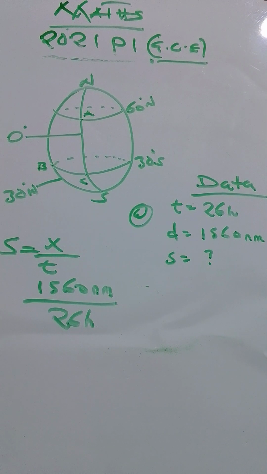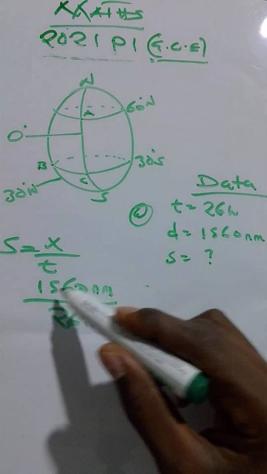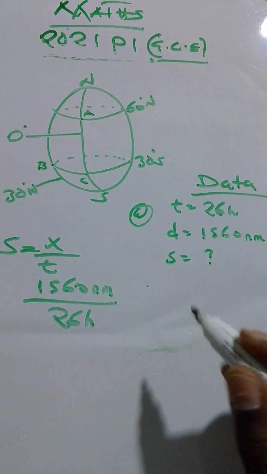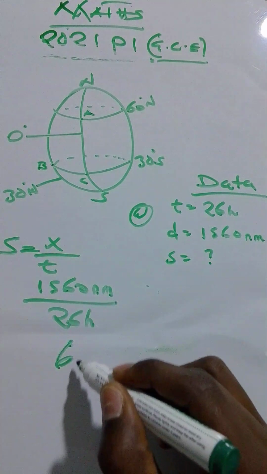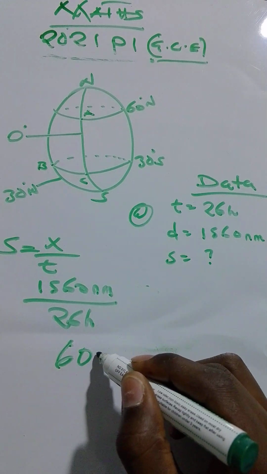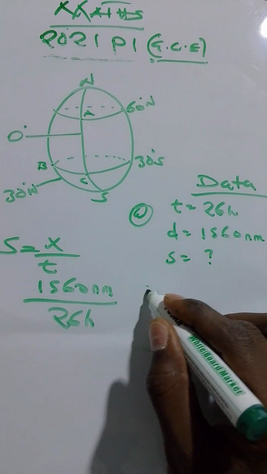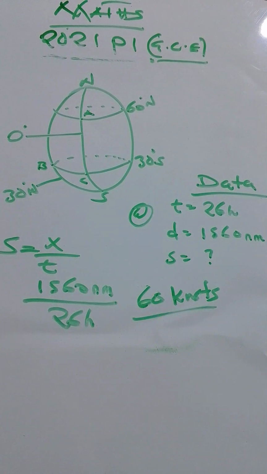So 26 into 1,560. Sometimes you cannot know exact, but you can try to say 26 into 156, which is 6, of course, which is 6. So we have 6, then 26 into 0, it is 0. So we have 60 knots. That is our answer. We go on question B.